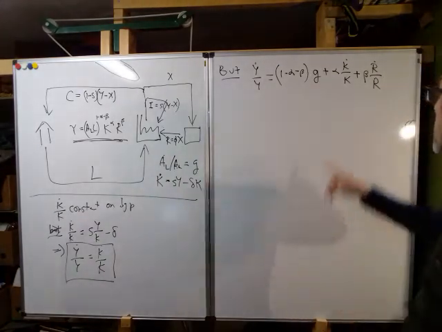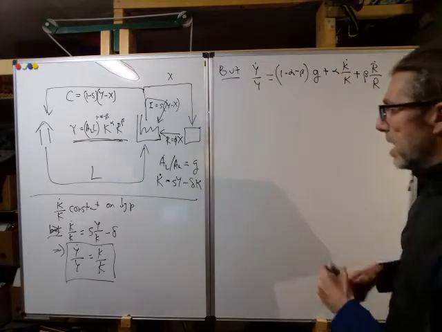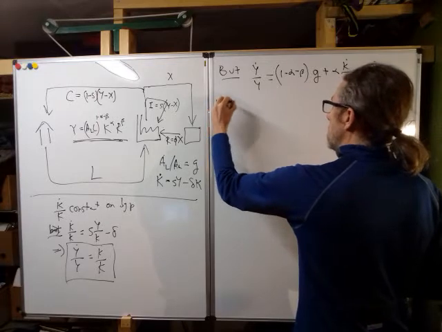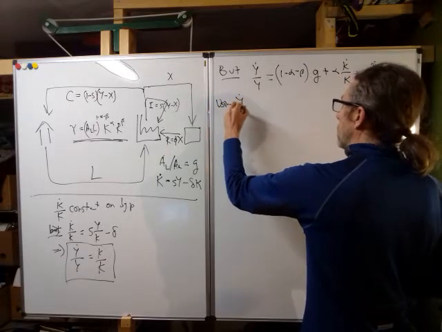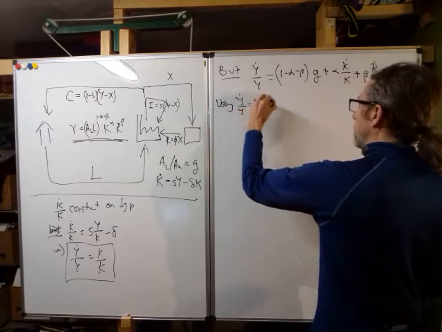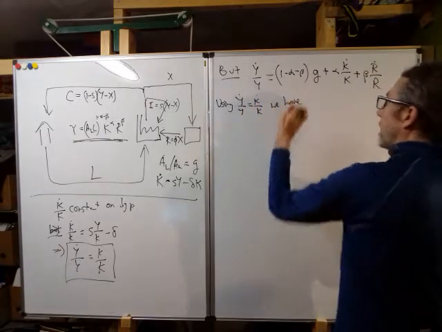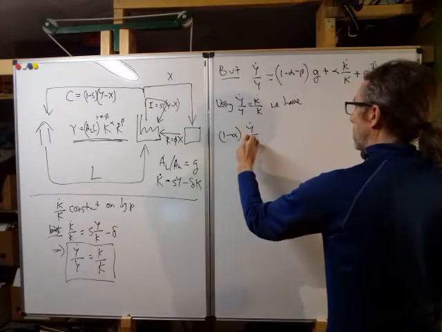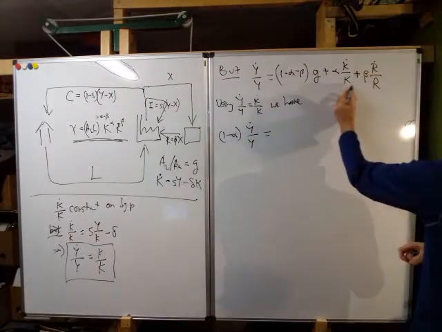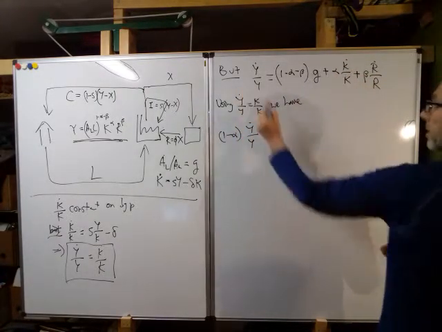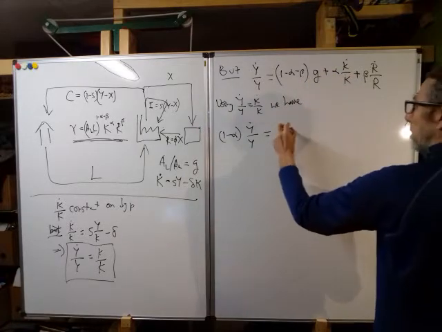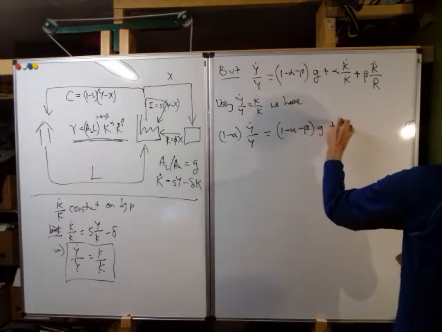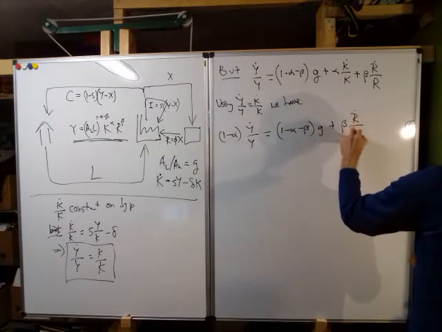Okay, so now using y dot over y equals k dot over k, we have 1 minus alpha times y dot over y equals, so I've put y dot over y here and taken it over, and then we have 1 minus alpha minus beta times g plus beta r dot over r.